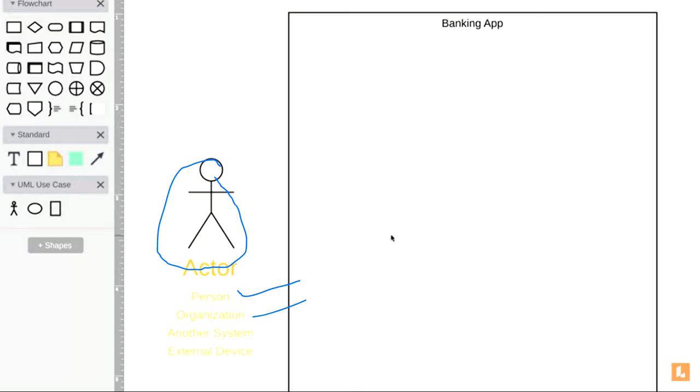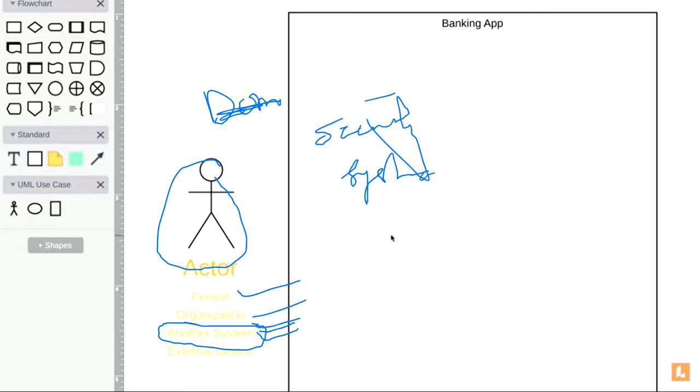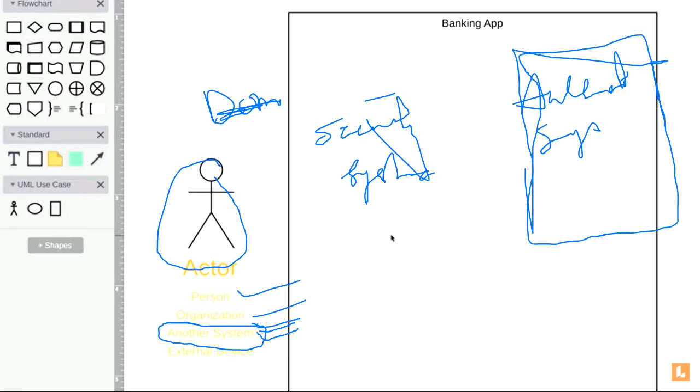This is a very important thing because if the question says that, suppose there is a Domino's, or a security system that is interacting with the authentication system, and suppose this authentication system is inside the system boundary of the use case diagram, then how will you create this security system in the diagram? You will just create an actor, name it security system, and it will interact. That's it.